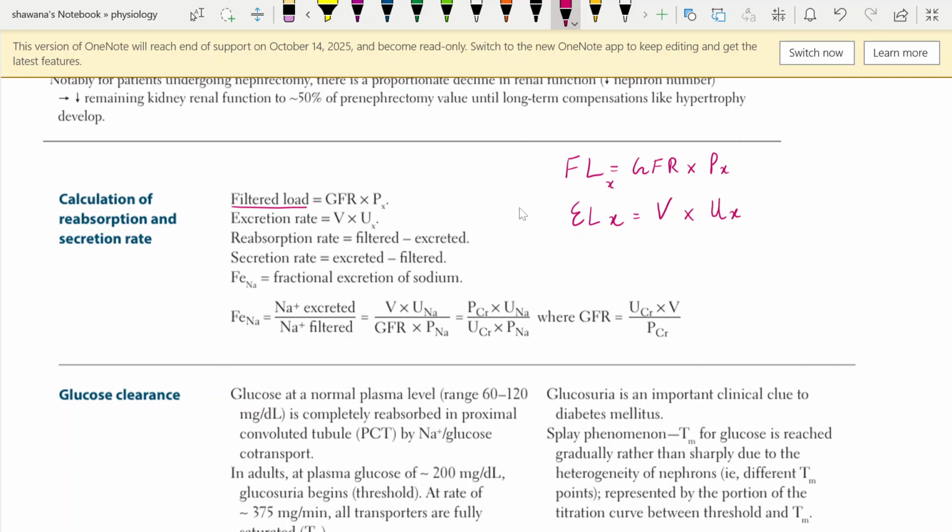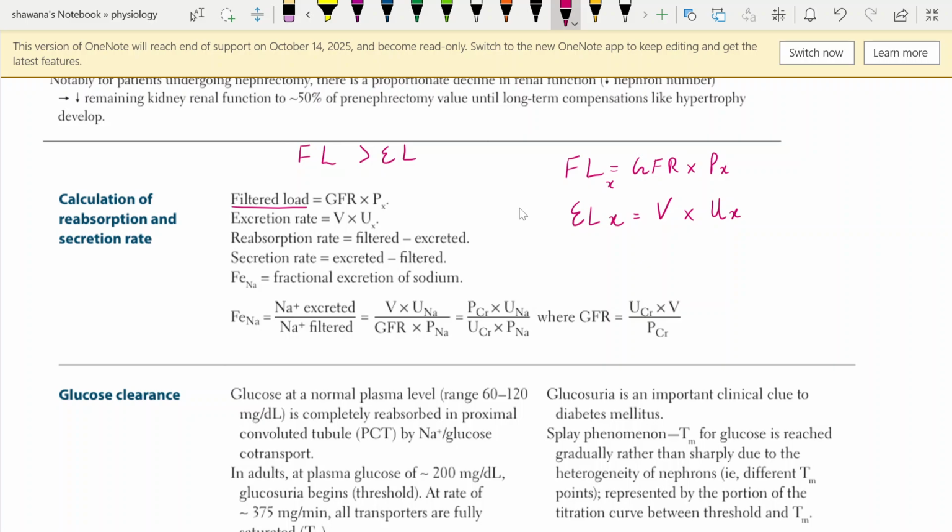Okay, so what does it mean? For example, if the filtered load is greater than the excretory load, what does it mean? It means that reabsorption has occurred, right? Because excretion is not equal to filtration. Filtration is more and excretion is less. So something in between has been subtracted.